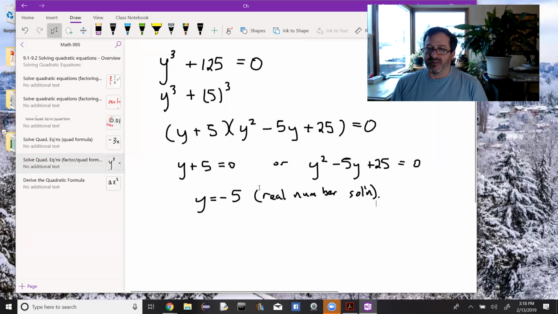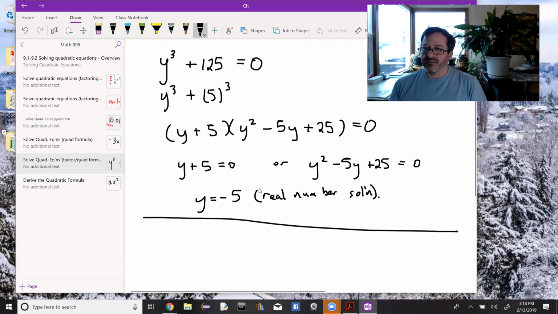The second part of the problem involves solving this quadratic equation, y squared minus 5y plus 25 equals 0. So here, this is not factorable. I need to figure out what my a, b, and c are.